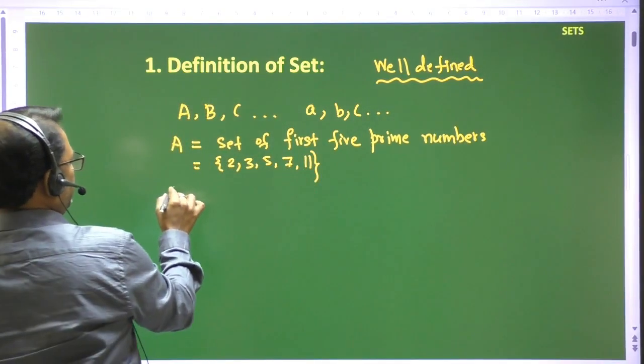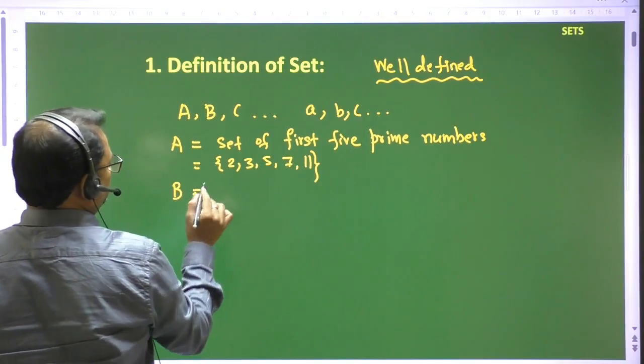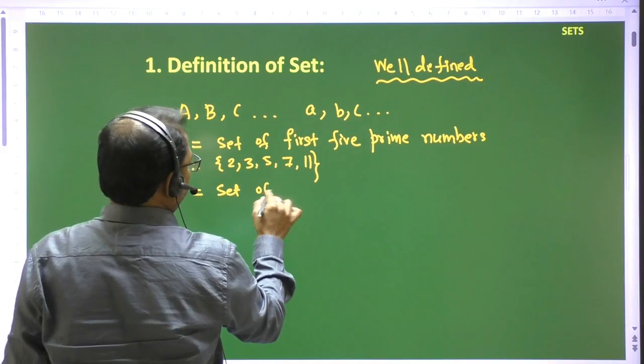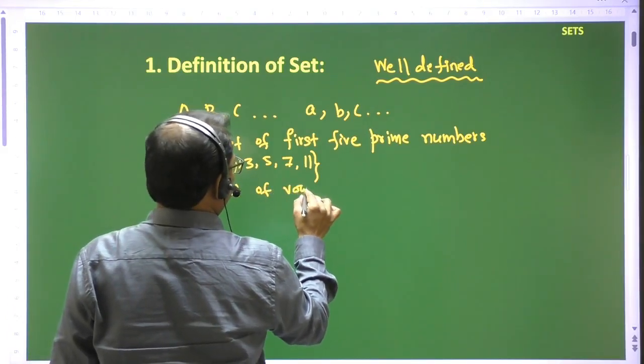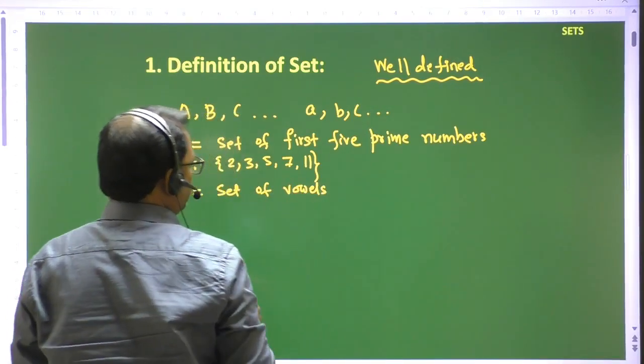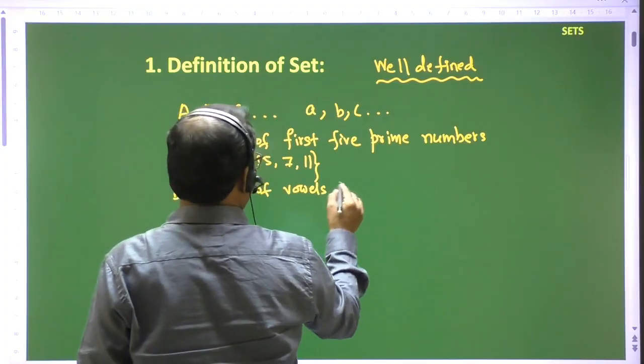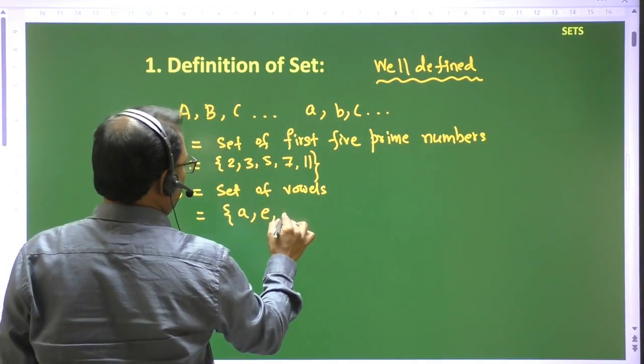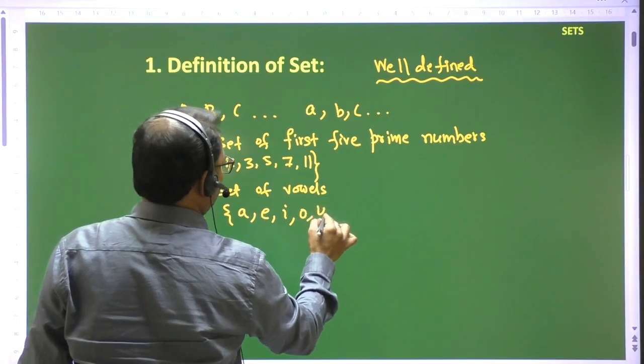Now if I say B is a set which contains all vowels of the English alphabet, this will contain a, e, i, o, u.